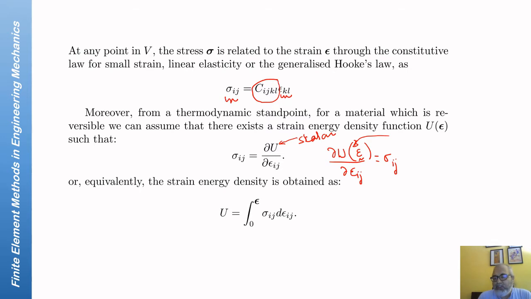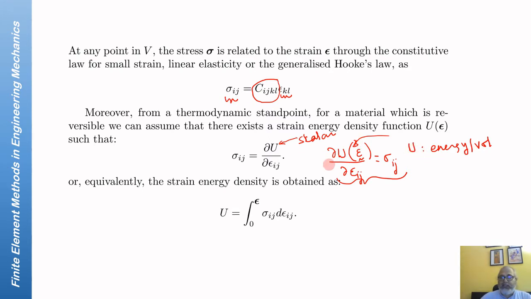And for a reversible material that we are looking at, so if you release the stresses, the strains go to zero. If you release the strains, the stresses go to zero. So it's a completely reversible material. And for a reversible material, you can show that this kind of an equation actually must exist. So we must have a strain energy density function U, which has units of energy per unit volume.